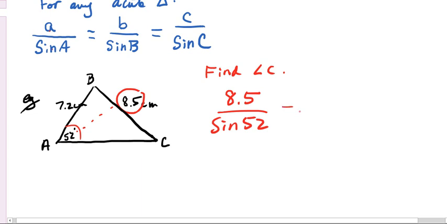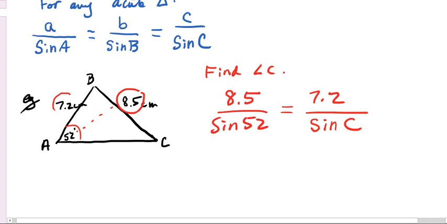We're going to be able to set up a really simple equation here because I can fill in values here as well. So I've got 7.2, and I would complete this relationship by saying this is divided by the sine of C. Now, you learned this in grade 10 at least, maybe before in grade 9, but I'm going to ask you to take 30 seconds and manipulate this equation, solve for C. See if you can do it.